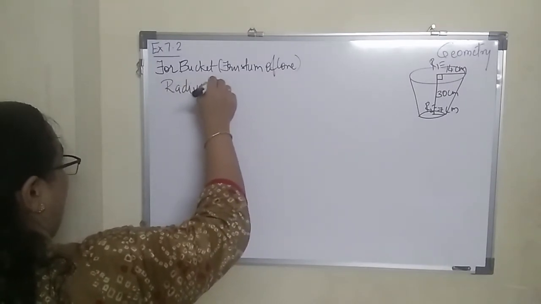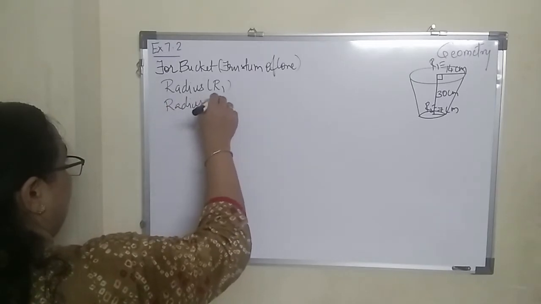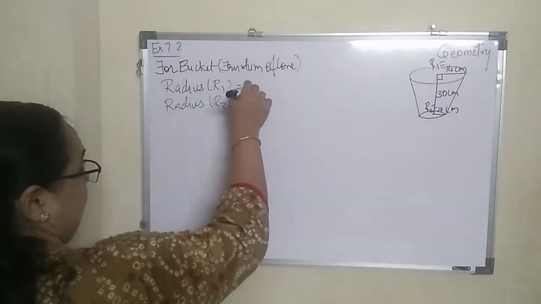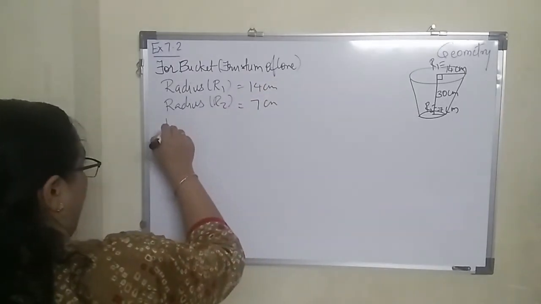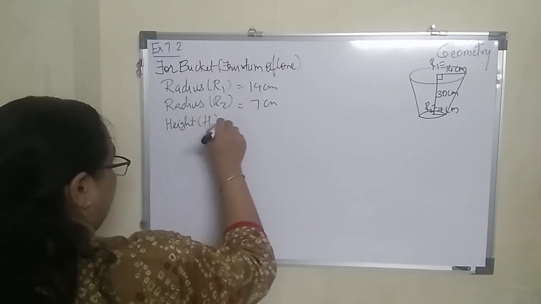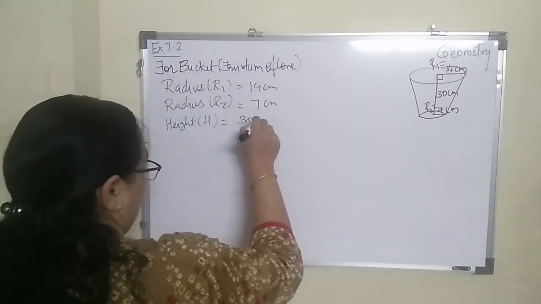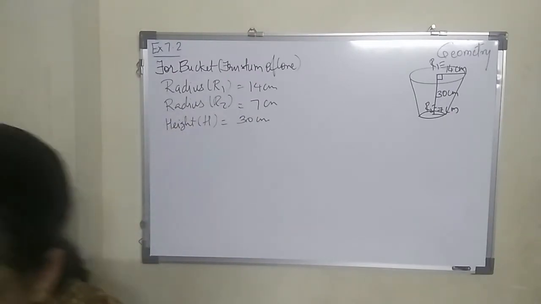Radius R1 is 14 centimeter, R2 is 7 centimeter, and height H is 30 centimeter. So now we have to find the volume.